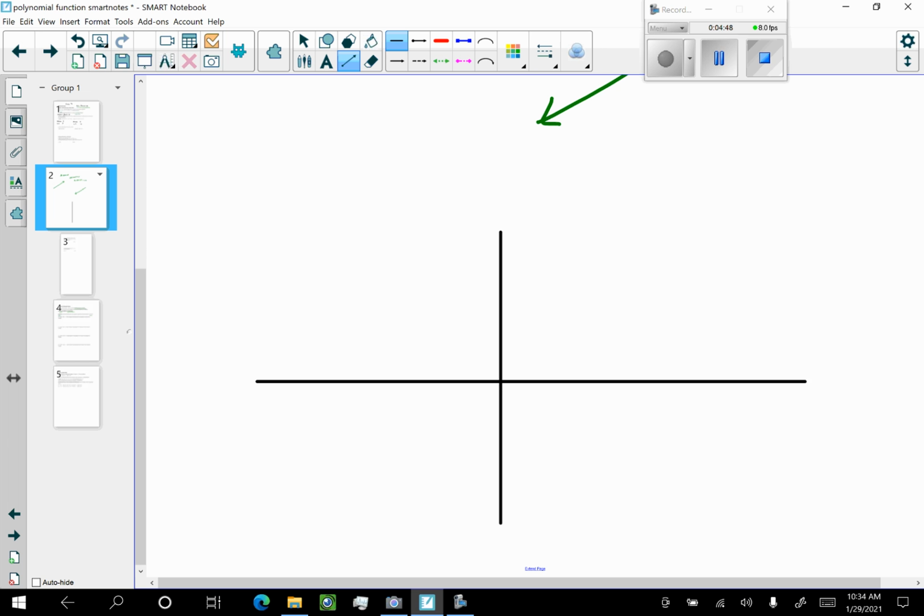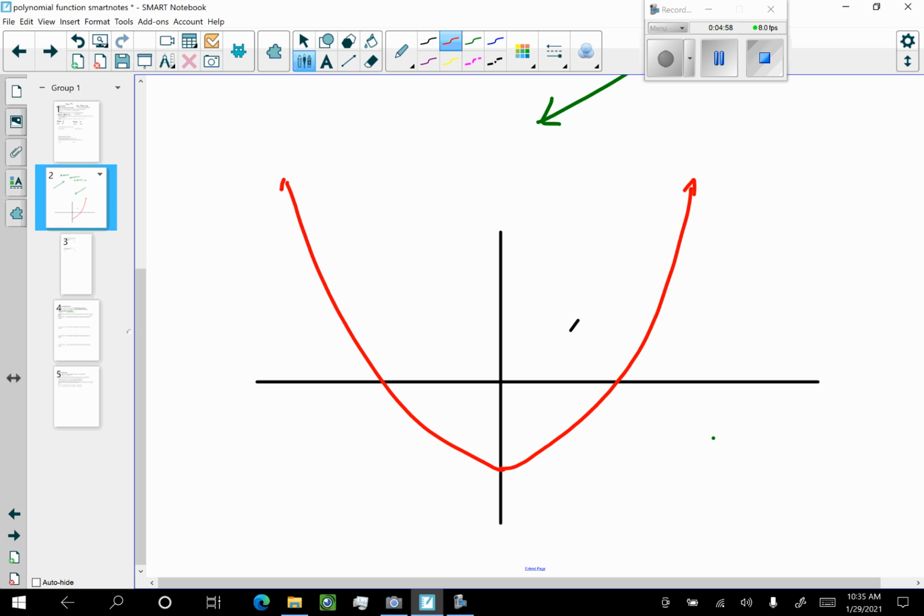I'm going to do the graph of this polynomial right here. It looks like a quadratic, and in fact it is a quadratic. Let's let that be the quadratic x squared minus 3.